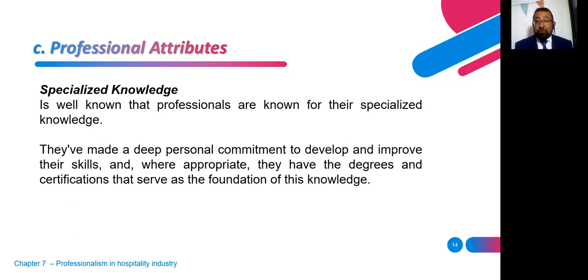It's well known that professionals are known for their specialized knowledge. They've made a deep personal commitment to develop and improve their skills. And where appropriate, they have the degrees and certification that serve as the foundation of this knowledge. One of the attributes, tick. You have a certificate, you have your degree, that's good.